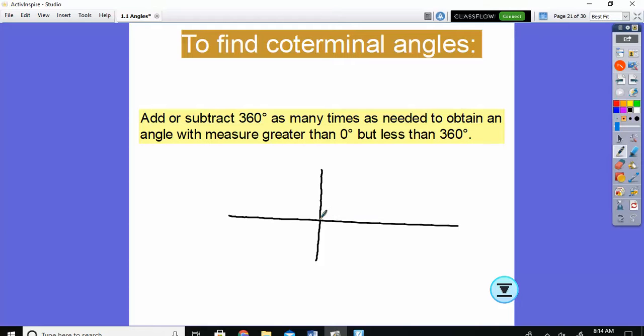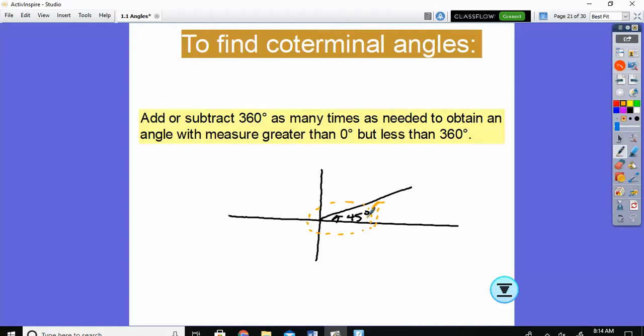If you think about a circle, or let's just talk about this angle. Let's say I told you this was 45 degrees. If I said I'm going to go all the way around, how far is that? 360. And if you went back, those would be coterminal angles because they end at the same spot.